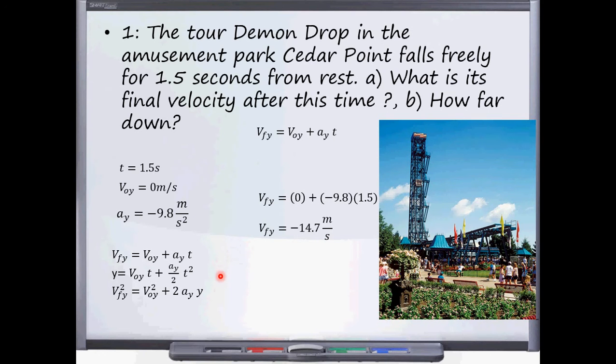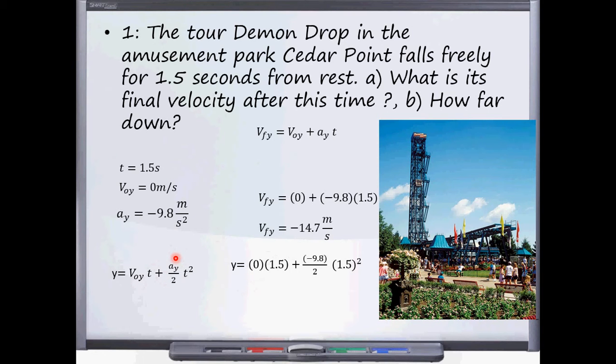In this case, I'm going to choose this equation because, as you can see, we have the time, the acceleration, and the initial velocity, and we want to get the y. So the only thing you have to do is replace values. Instead of initial velocity, 0. Instead of time, 1.5 seconds.